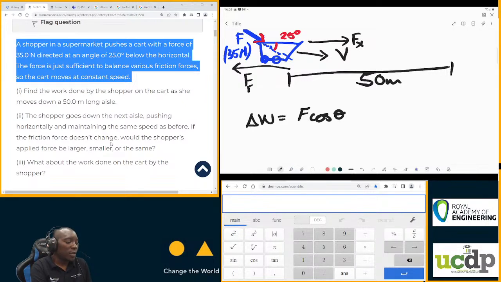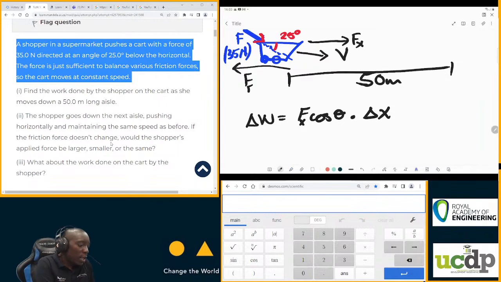So that force is just the horizontal component of the applied force. So work is Fx cos theta, where theta is the angle between this force and the direction of motion, multiplied by the displacement, delta x. The work done will increase as delta x increases. Fx is constant, and cos theta is also constant, so the work will be a function of delta x.